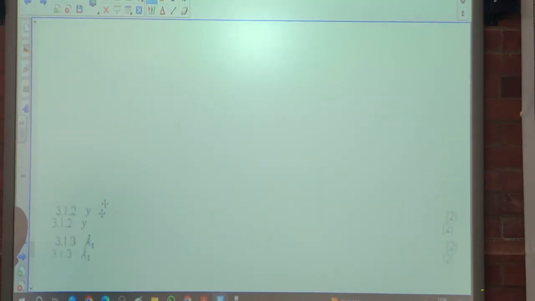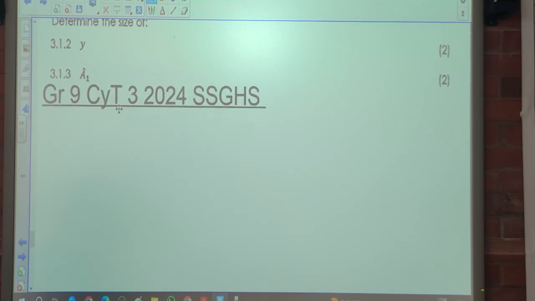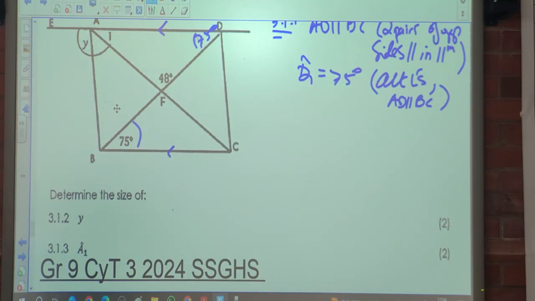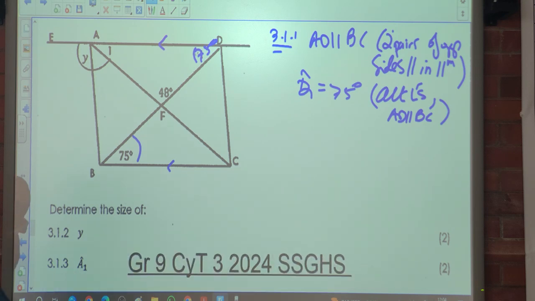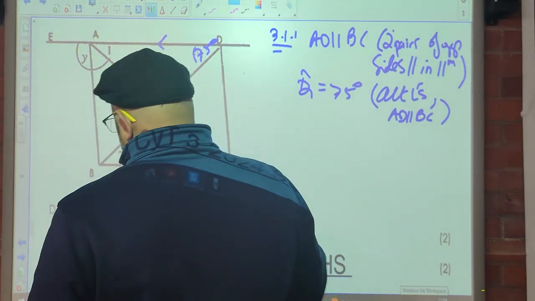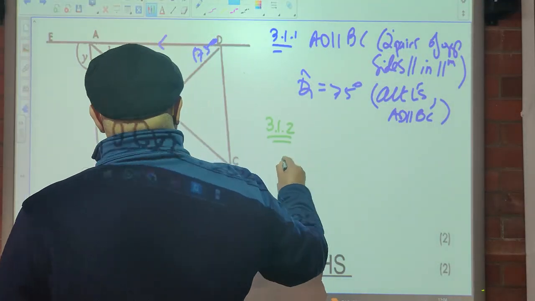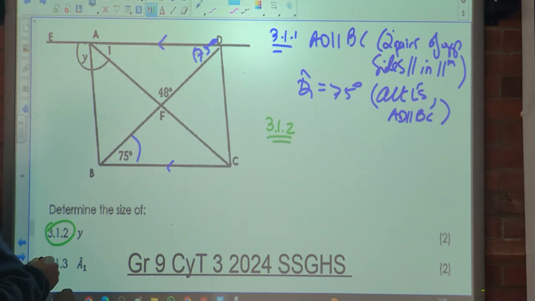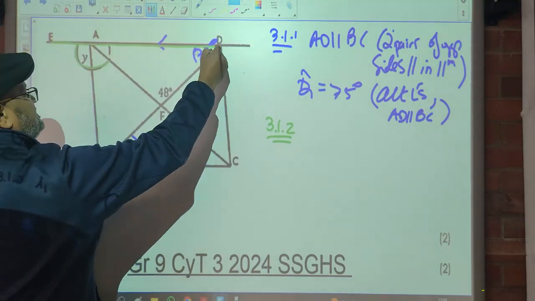Next question. Determine the size of Y in A1. Are you going to calculate Y? Exterior angle is equal to the sum of the two interior opposite angles.